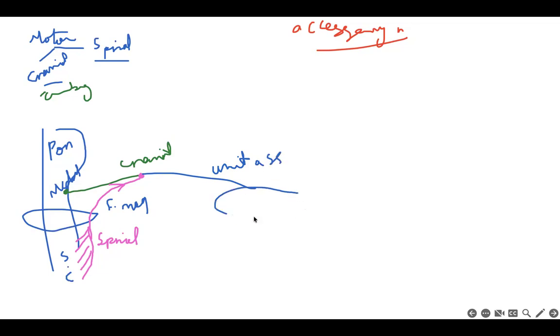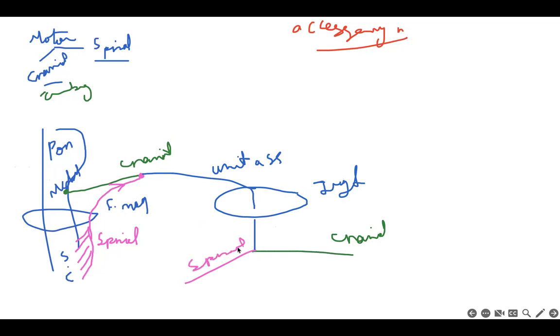This nerve exits from the jugular foramen and descends in the neck in the carotid sheath, and after that it divides again into cranial and spinal. So it is formed by the union of the cranial and the spinal, and after exiting from the skull, it separates again into cranial and spinal.